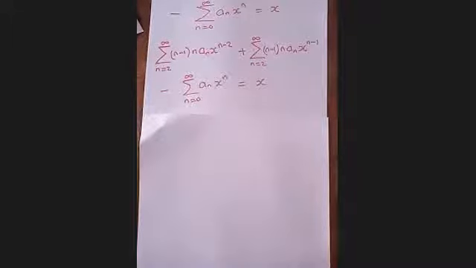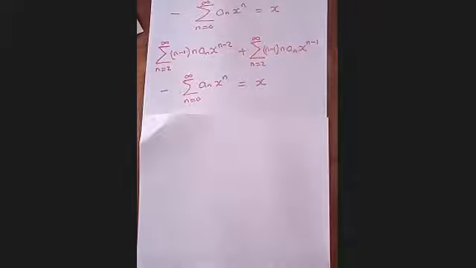The first thing to do when you reach this stage is to write your exponents so that you have x to the n. That's usually the first rule. So here the exponent is n minus 2. We can write this so that we have x to the n. We can do the same for this one.